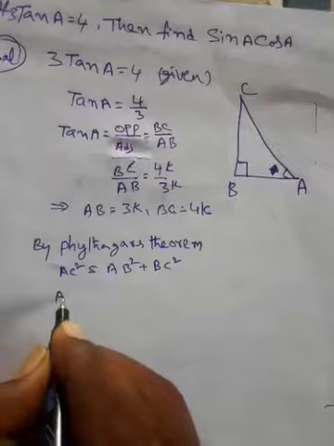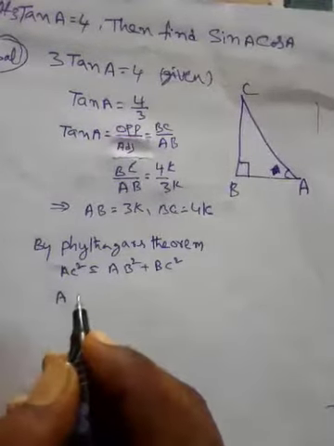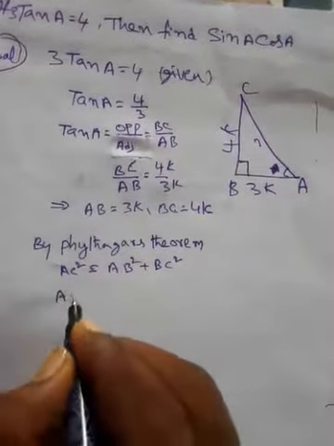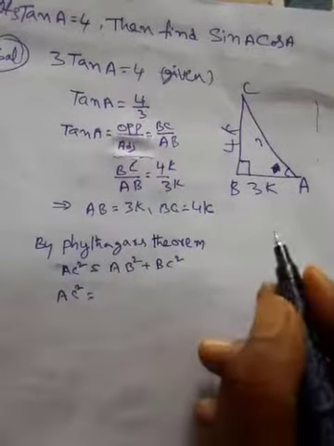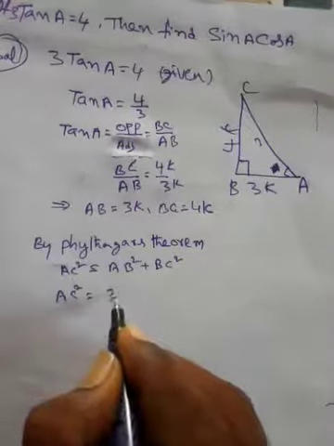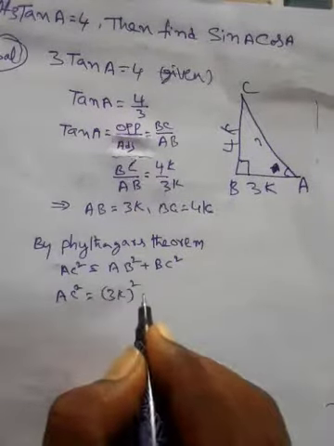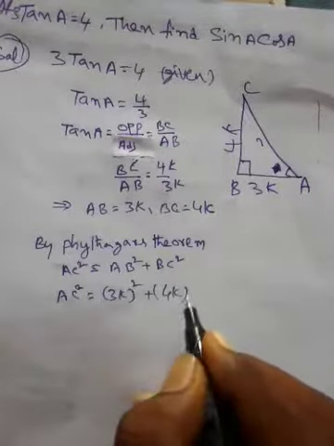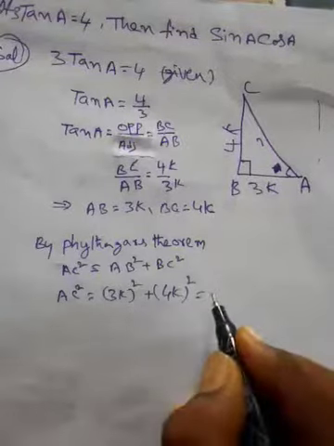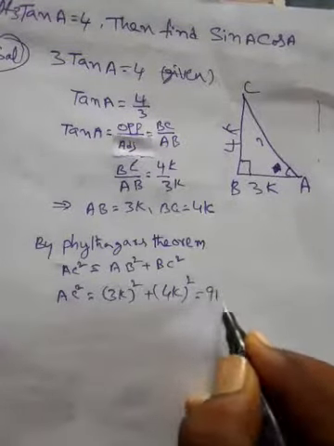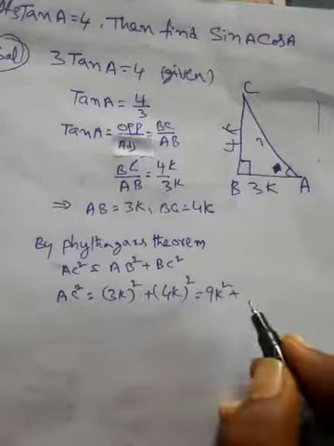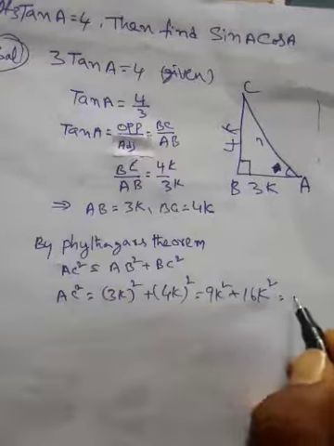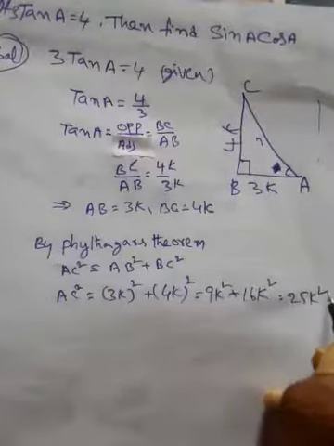We know AB is 3K and BC is 4K. So that is equal to 9K square plus 16K square, which is 25K square.